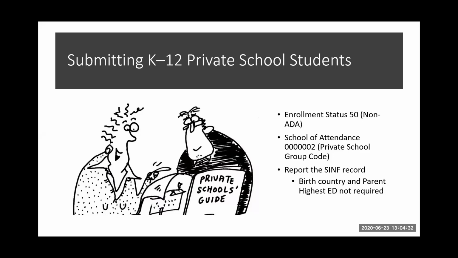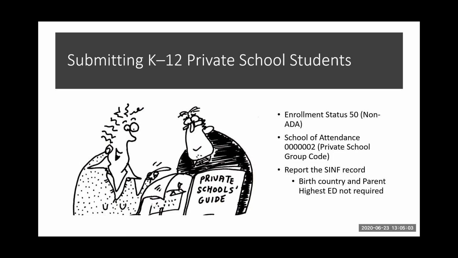So how would you normally submit data for a private school student? You want to enroll the student with the enrollment status 50. Use in the enrollment record the private school group code, that's 60 followed by a 2 in the school of attendance field.